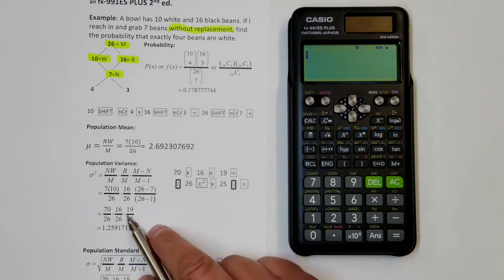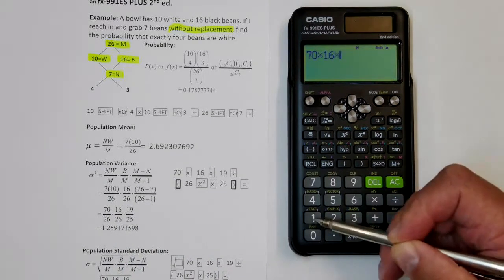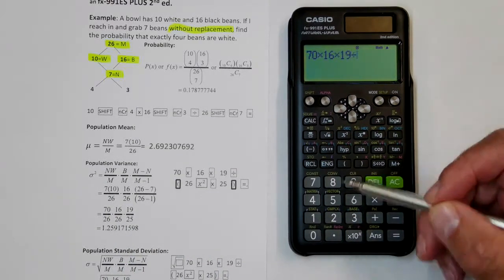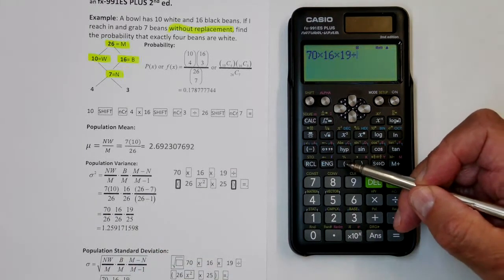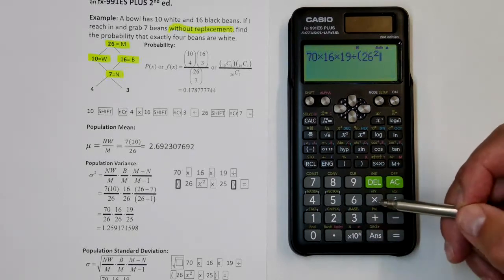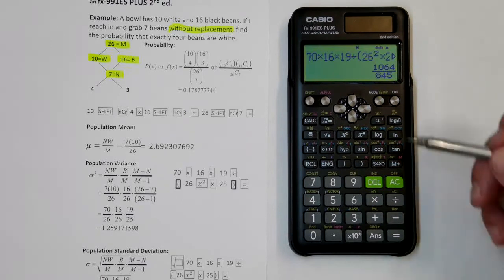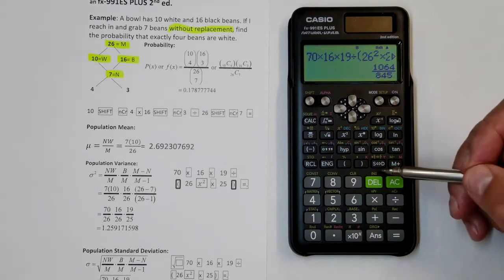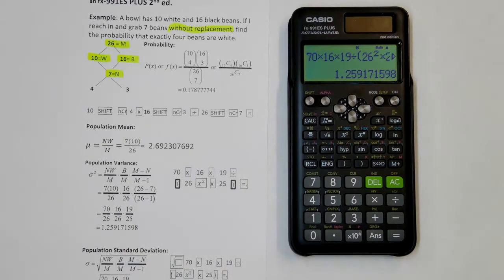I just like multiplying the numerators together. 70 times 16 times 19, divided by, and putting the denominator in parentheses, start with the parentheses, 26 squared times 25, close it, and equals. I get 1,064 over 845, which I want to change to a decimal, 1.259171598.